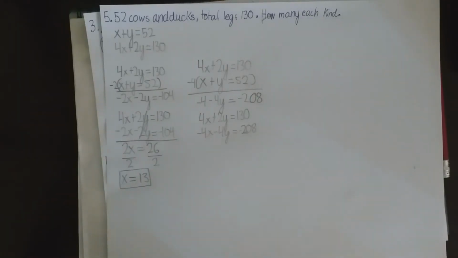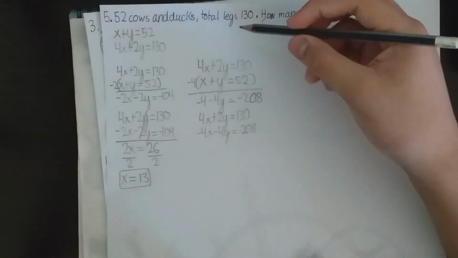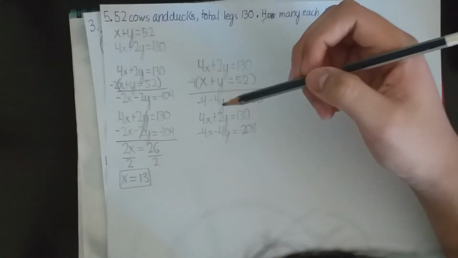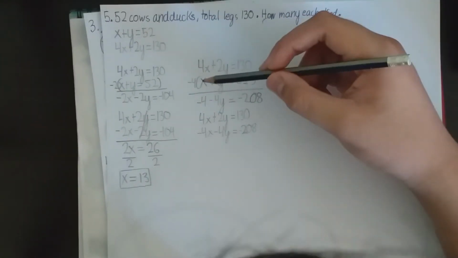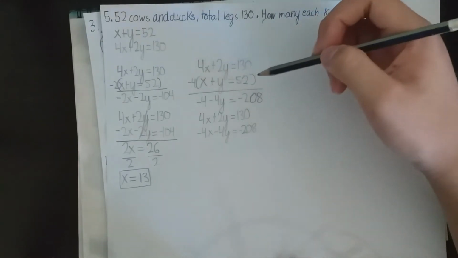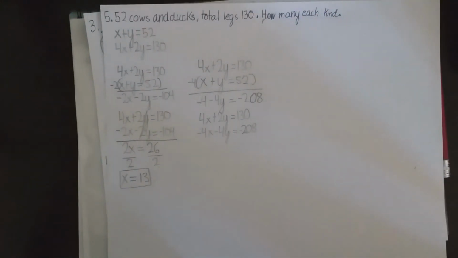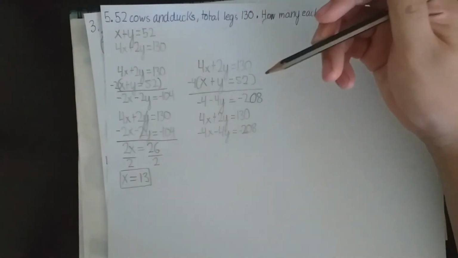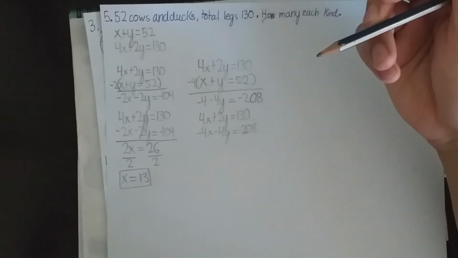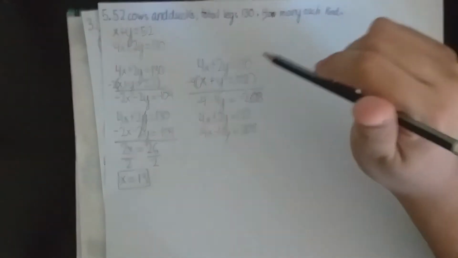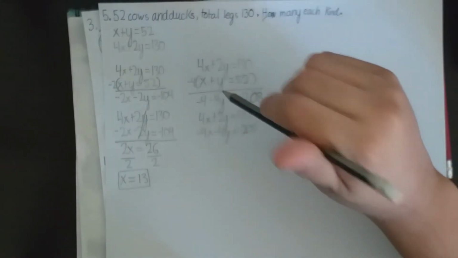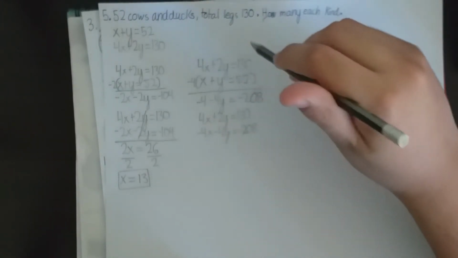The result of multiplying negative 4 to the second equation would be negative 4x minus 4y equals negative 208.